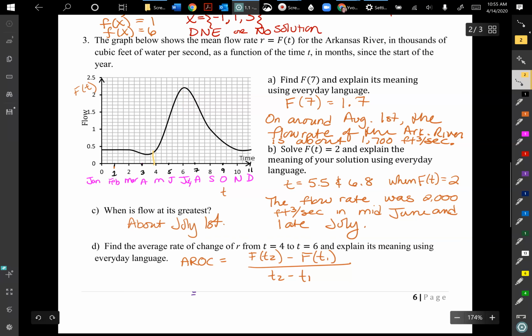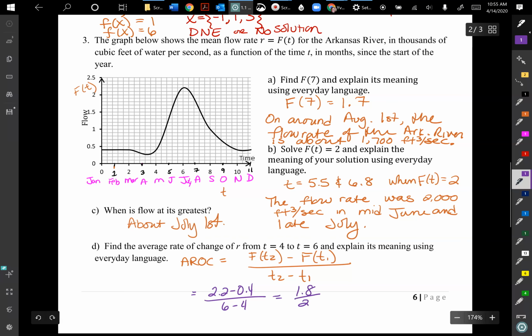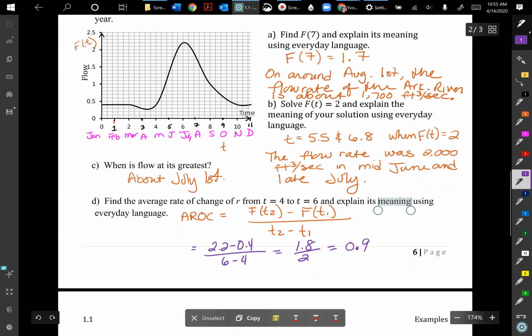And for 4, I have that as about 0.4. So we have 2.2 minus 0.4 over 6 minus 4 gives us 1.8 over 2. And let's condense that down to a unit rate, 0.9. And then write that in everyday language.